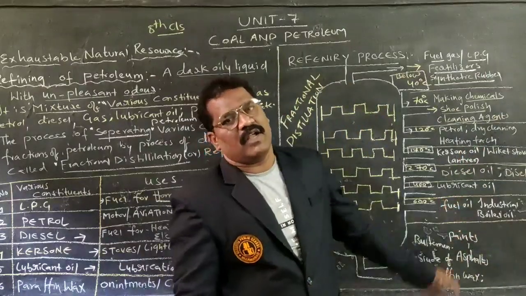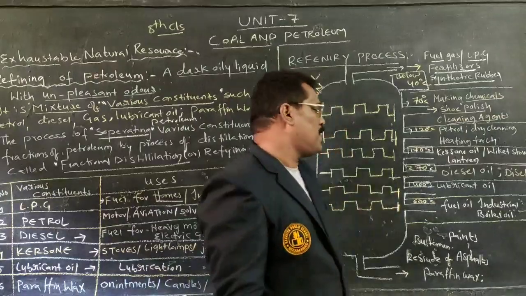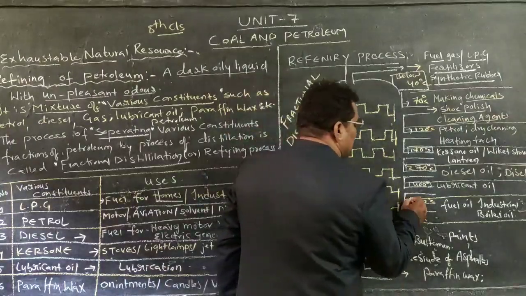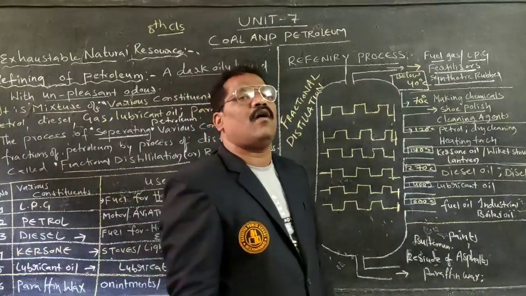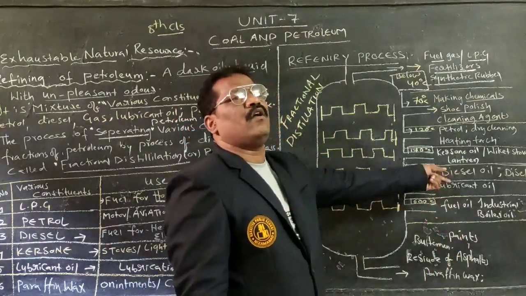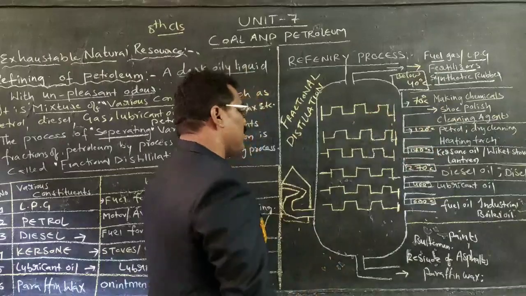At 600 degrees centigrade, fuel oil and industrial boiler oil are produced, useful for various appliances.